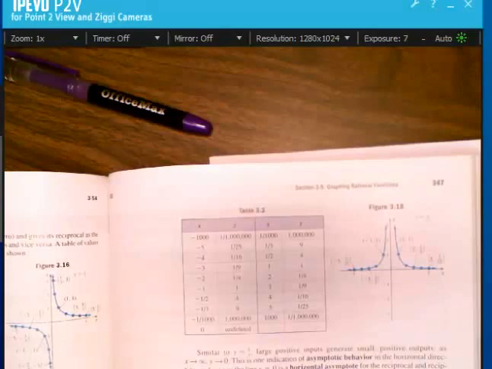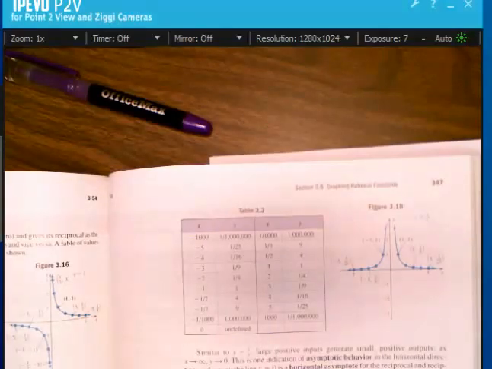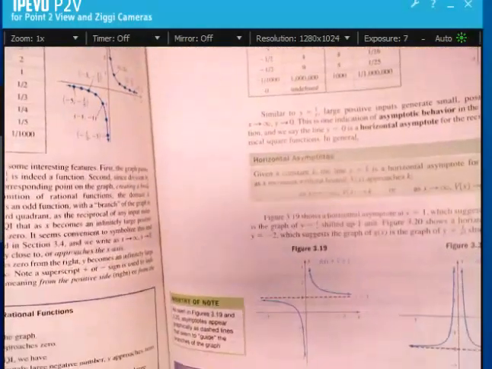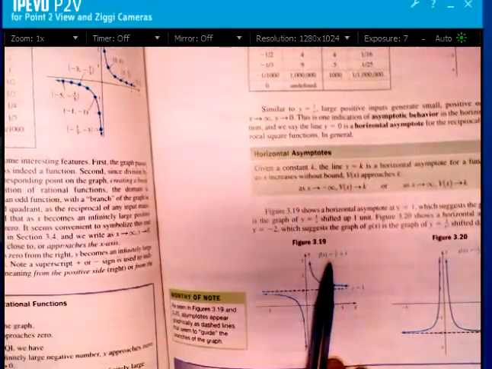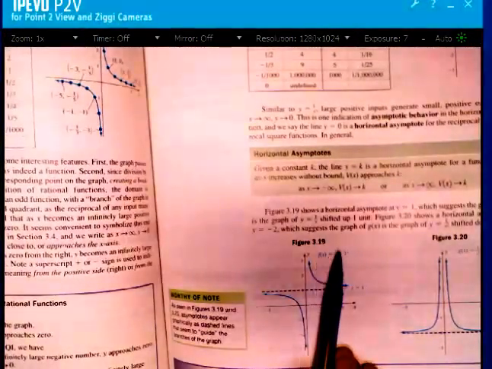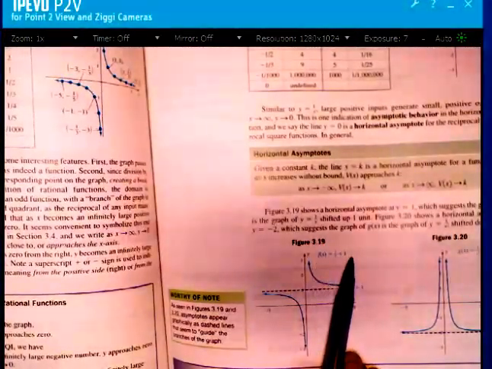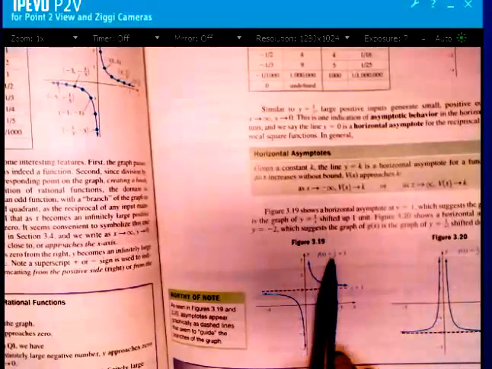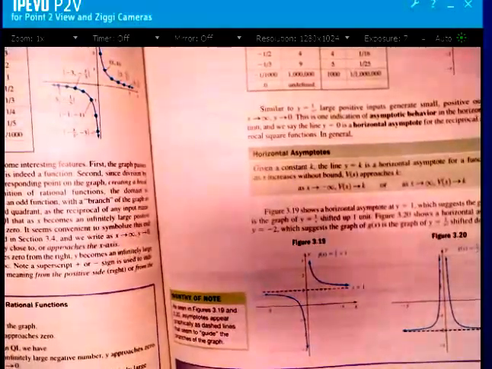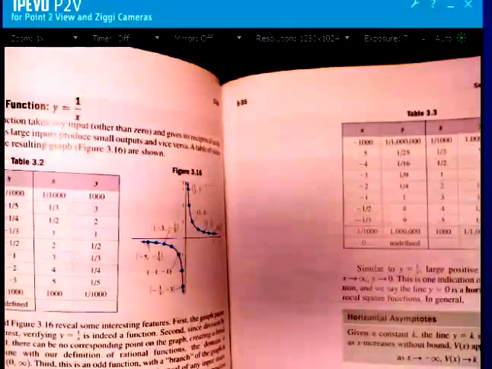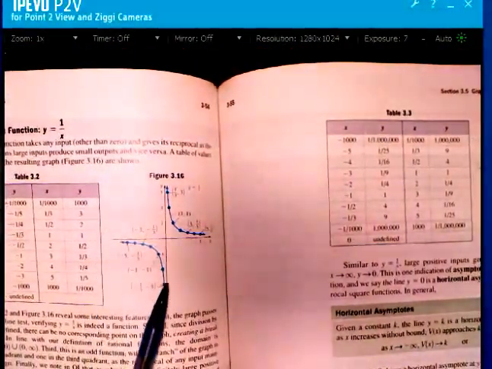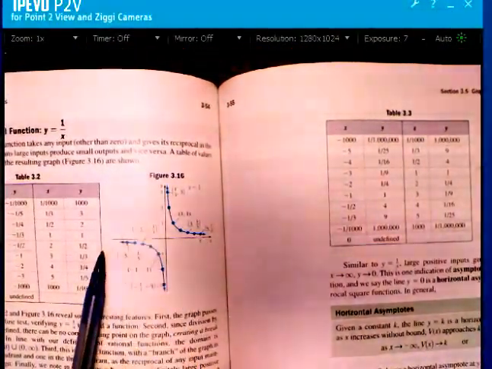The thing about these toolbox functions is that they shift or they have a transformation just like all our other toolbox functions. So for example, here we have f of x equals 1 over x plus 1. So that's the first function that I showed you. Pull it up here. So this one right here, notice where the function exists.